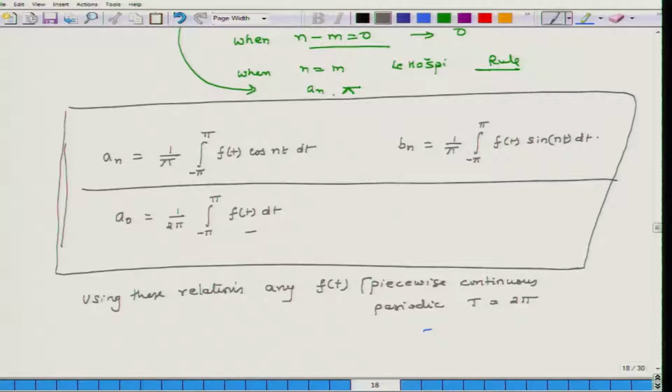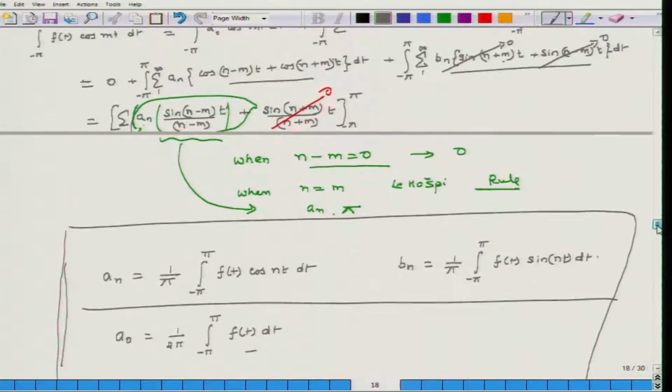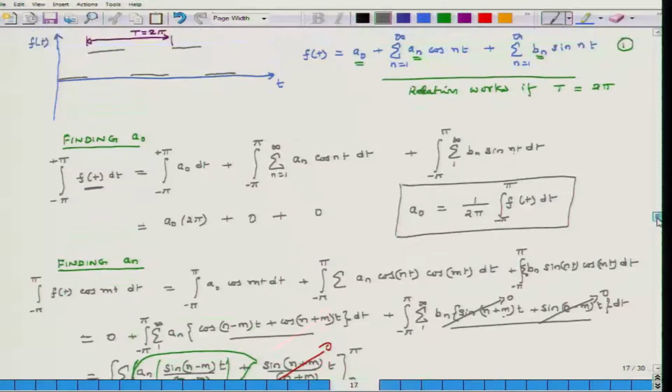So, any function which is piecewise continuous and periodic with period T equal to 2 pi can be resolved in terms of sine(nt) and cosine(nt).